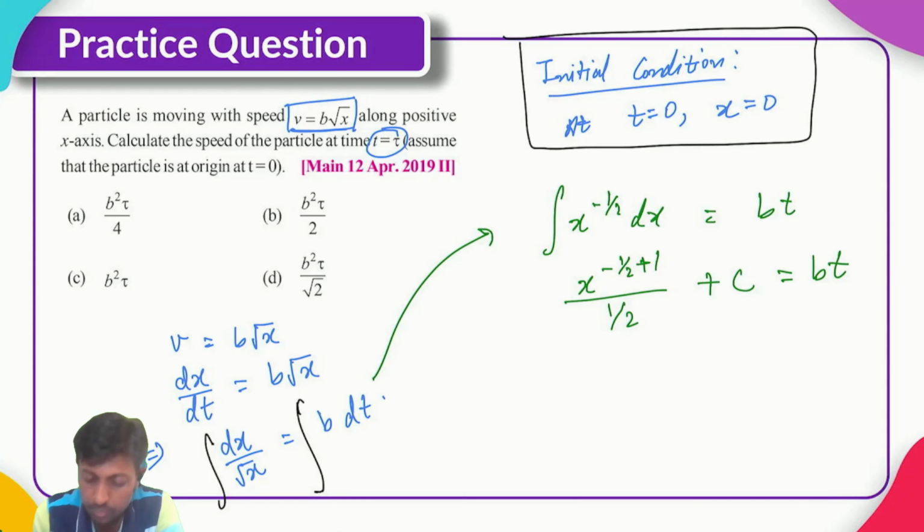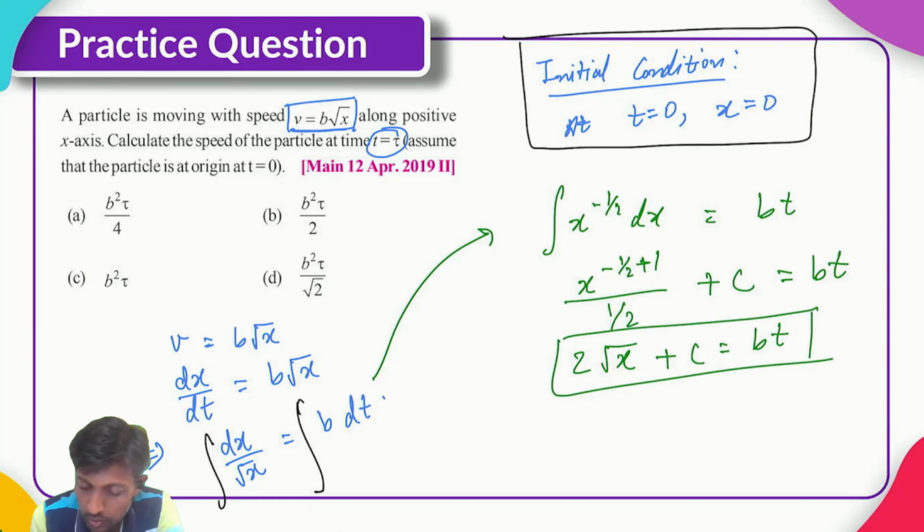If we write it properly, you will get 2 root x plus c is equal to bt. We needed x as a function of time, and this equation gives us x as a function of time. You can arrange it nicely, square both sides and get it.